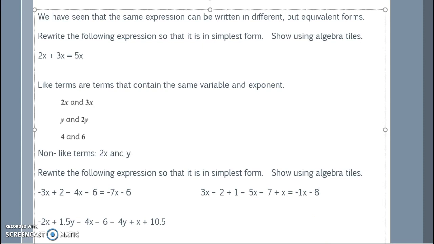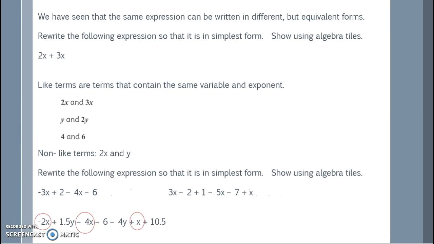So at this point, after you've done many different examples with whole numbers, students should be able to see that we can group some of the common terms together, such as negative 2x minus 4x plus x. So negative 2 minus 4 will give us negative 6, plus 1 should give us negative 5x. Then let's look at our y's.